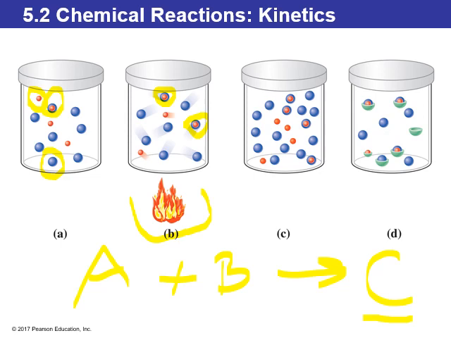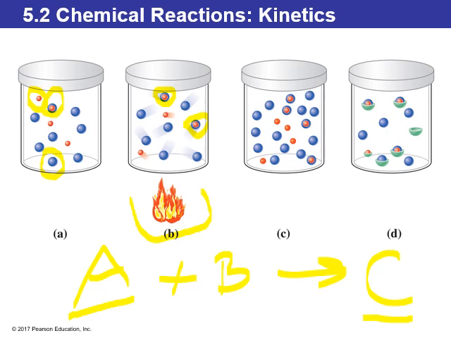Another way that we can speed this up is we can increase the concentration of one of the reactants. Let's say that A are the blue spheres. We'll say that A is cheap, B is kind of expensive, but we want to speed this up so we can make more C. So we'll just add more A. By adding more A, there's more A's for the B's to bump into.